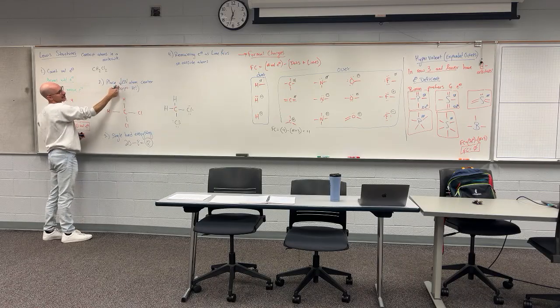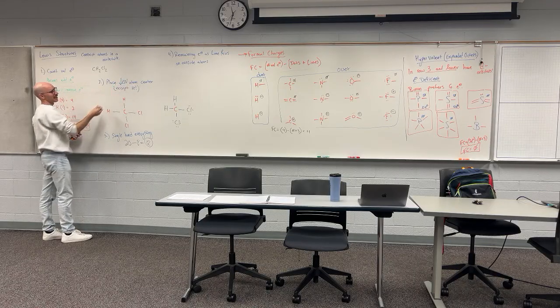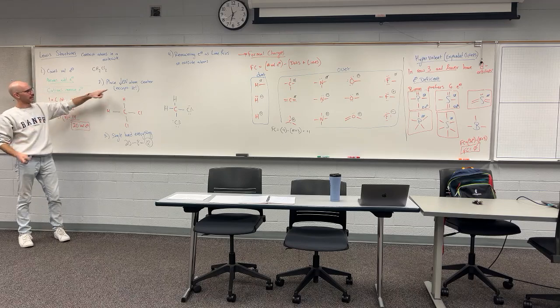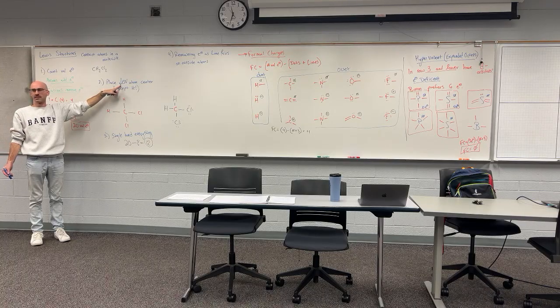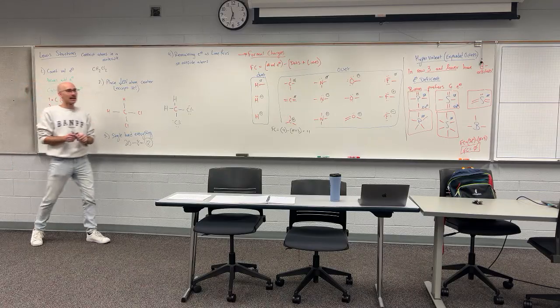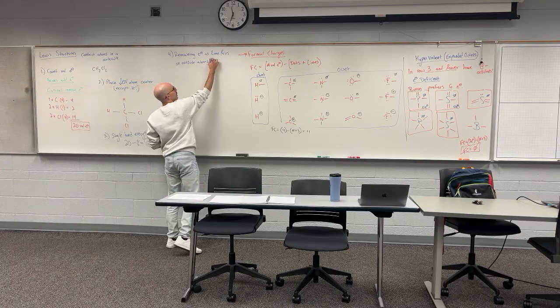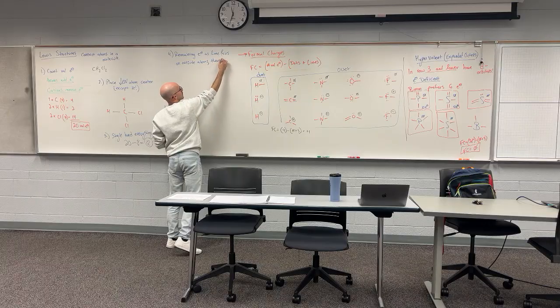I didn't say least electronegative, I just said place electronegative atom in the center. We already decided to put the atom that pulls on electrons the least in the middle. That would be the atom that is most willing to share. So why would it take remaining electrons? We're going to place remaining electrons on outside atoms first, then on the inside.